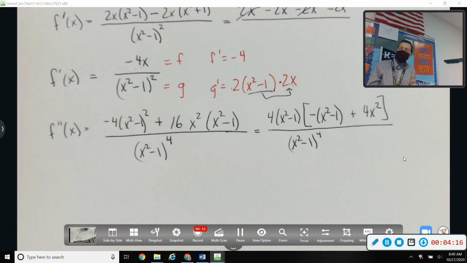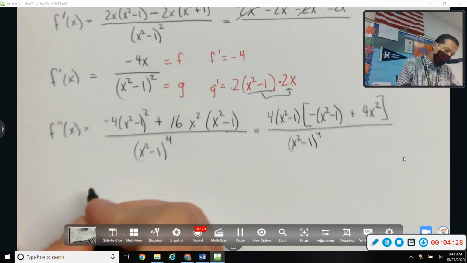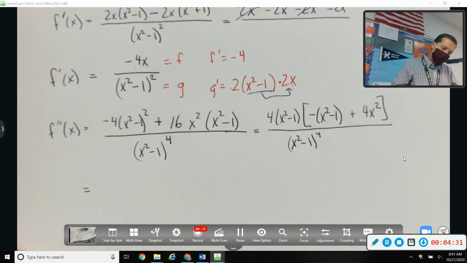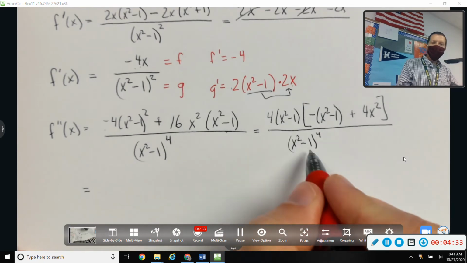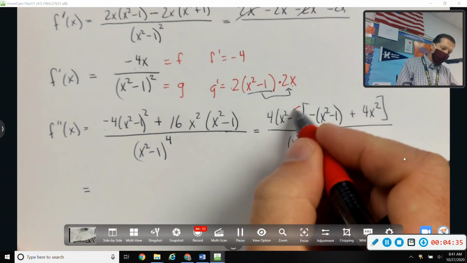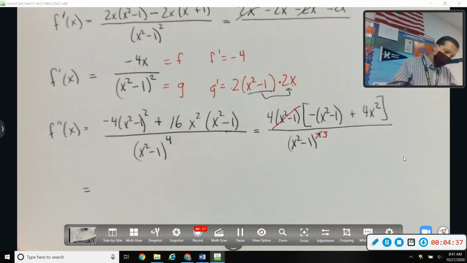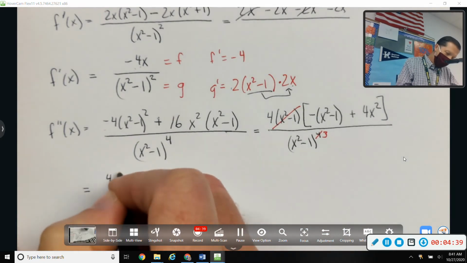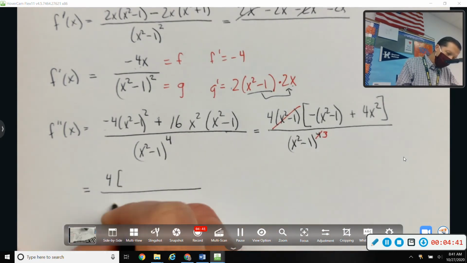Alright, any point in here I could stop. If it just asked for the second derivative, I would stop this and just say, done with this thing. But I need to know where the top is 0 and where the bottom is 0, so that's why I keep going with the algebra, hoping to get somewhere nice. One of these will cancel, so x squared minus 1 will go away, and that leaves x squared minus 1 cubed in the bottom.